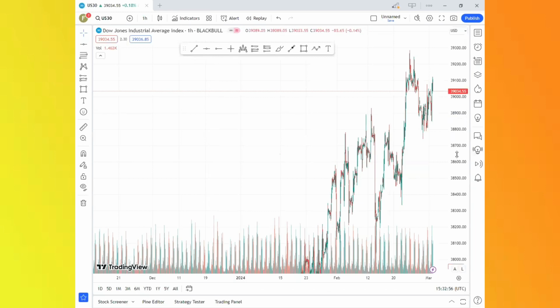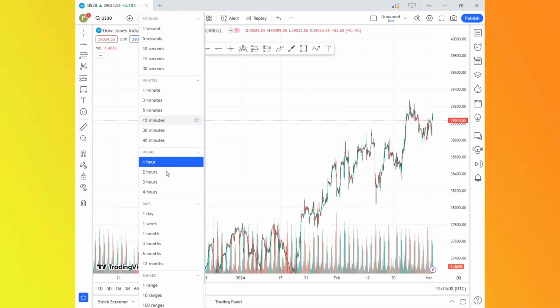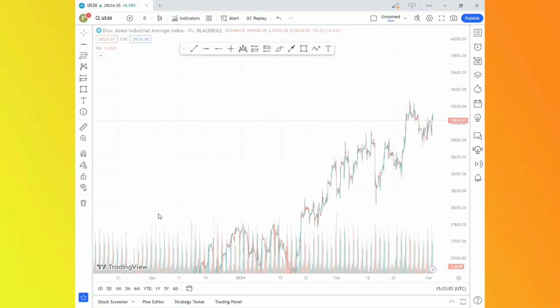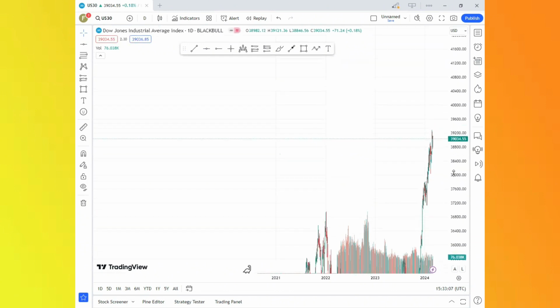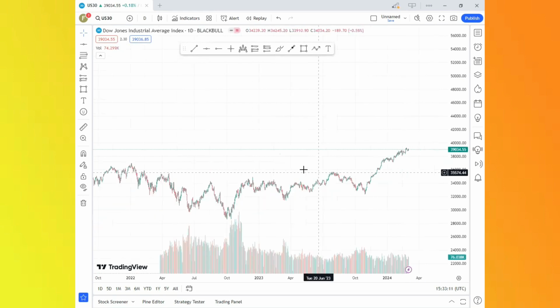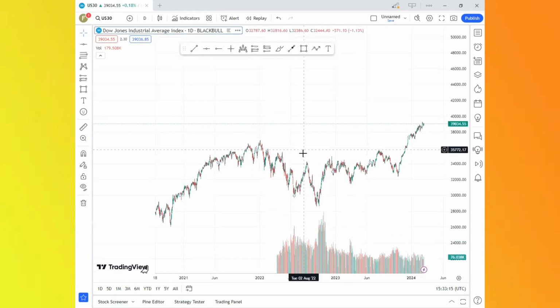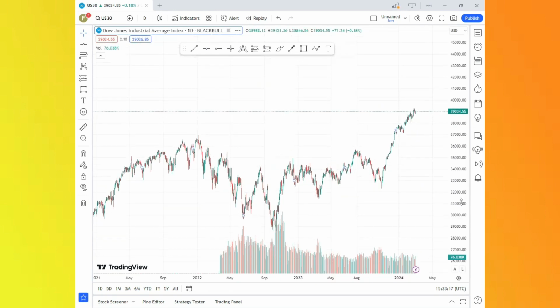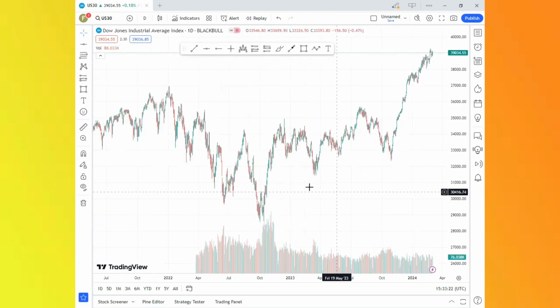You know guys, whenever you start analyzing, we have to start from a bigger time frame. So let's jump into the daily time frame so we can see the overall market movement, or rather the market structure, how the market actually ranged. Okay, seeing this, we are looking into a much broader market.